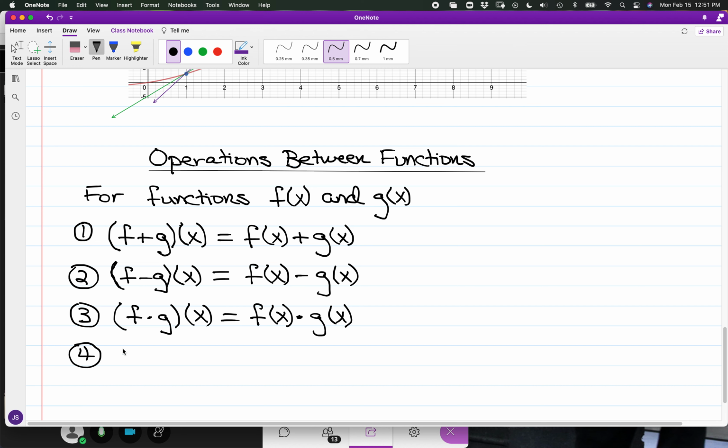And then with the quotient function, we have f over g of x, which translates out to the quotient, f of x divided by g of x.